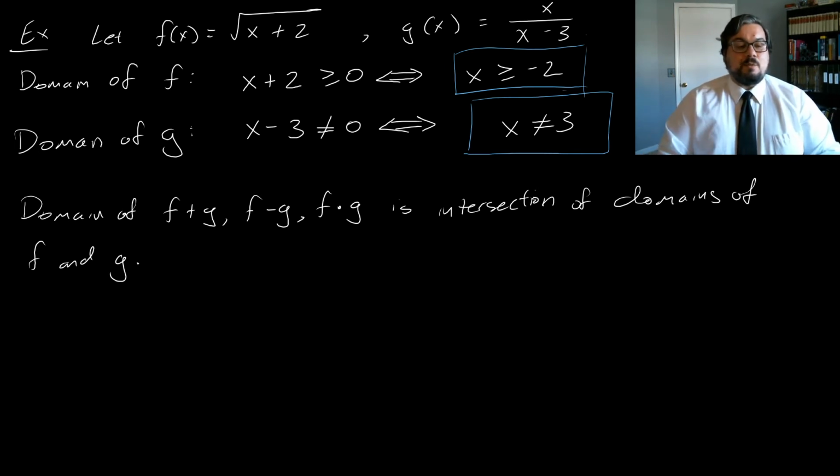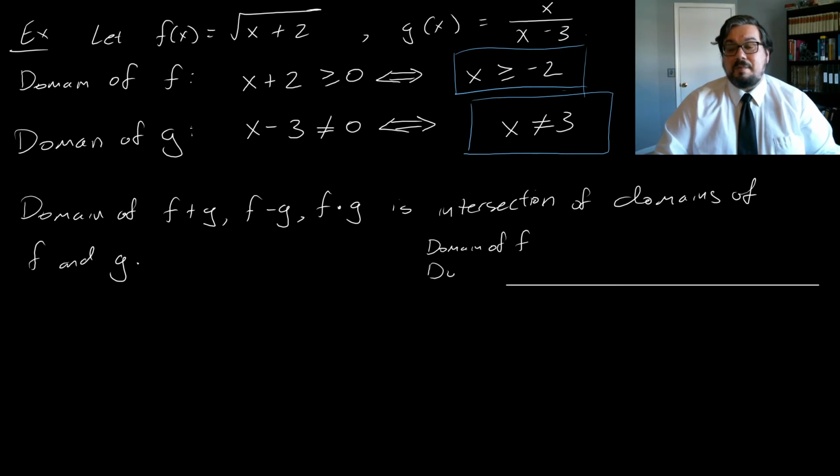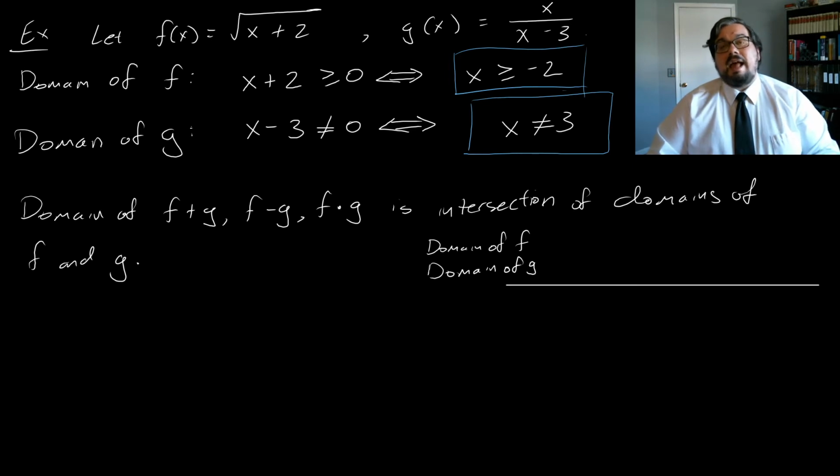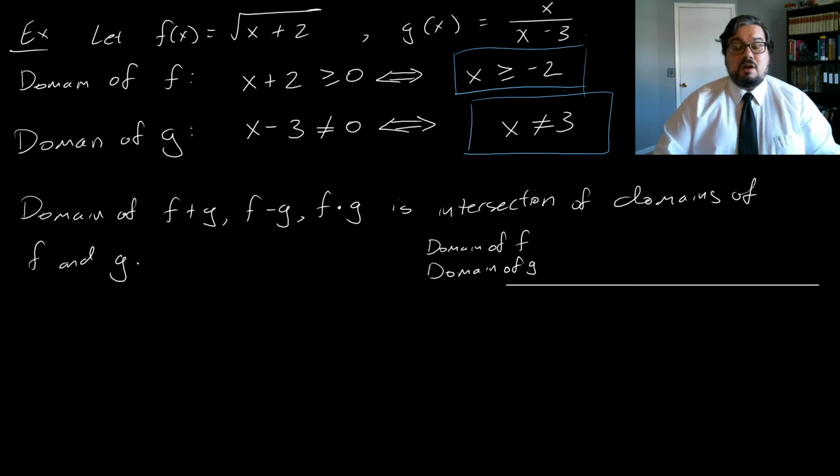One way that we can work this out a lot of times is using the number line. We can illustrate the domain of f and the domain of g on a number line and see where they have overlap. Where they have overlap is precisely where the domain of f plus g, f minus g, and f times g are going to be.